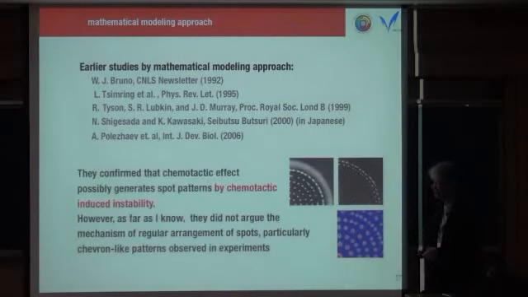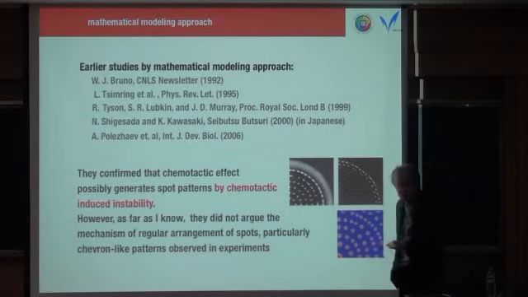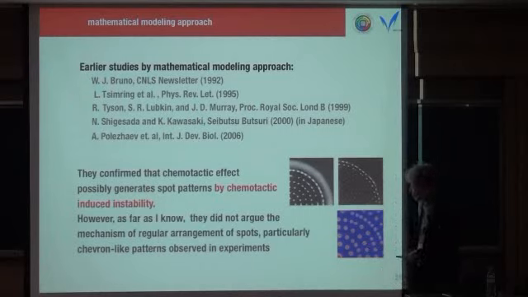And then they say the following: they surely confirmed that the chemotaxis effect possibly generates spot patterns like this. It's so-called chemotaxis-induced instability. All of the models show the occurrence of spot patterns. However, as far as I know, they did not argue the mechanism of the regular arrangement of spots, particularly the chevron-like pattern observed in experiments.